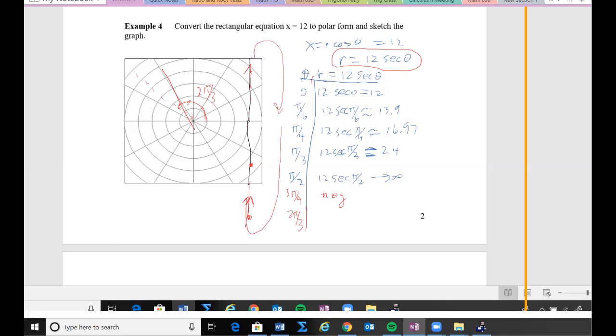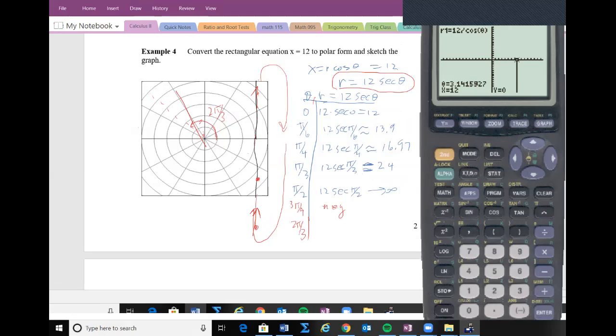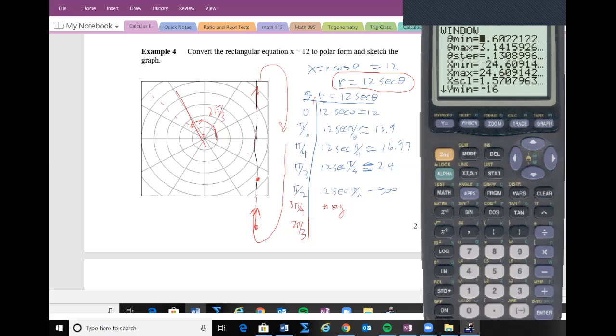Let's look at the calculator on that one. I just wanted to put a couple things in here. I got the grapher out here, and I put in 12 over cosine theta, and that's what I got with my window now. With my window set at a little bit bigger than pi over 2 up to pi, I got those negative values. If you include pi over 2, then the calculator seems to put in all the positives with it.